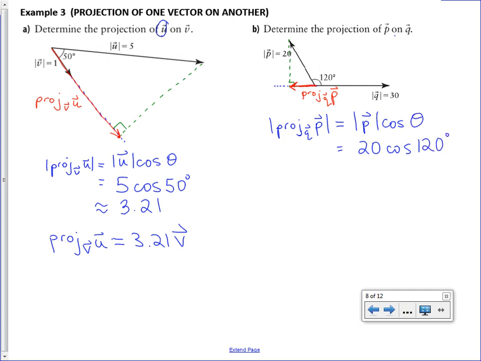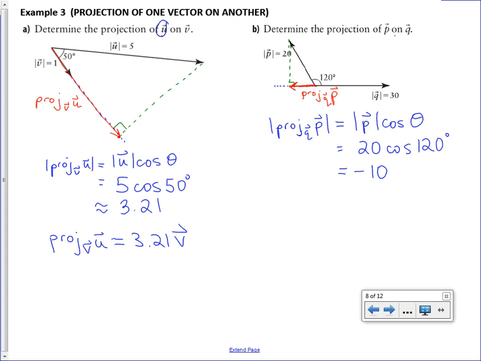So there's your formula for scalar projection. I throw in the length of vector P and the angle between the vectors. And I do 20 cosine 120. And I get negative 10. And you might be slightly freaked out, because what's the one thing we've said about magnitudes? It can only be positive. And are we slightly disobeying that rule at the moment?